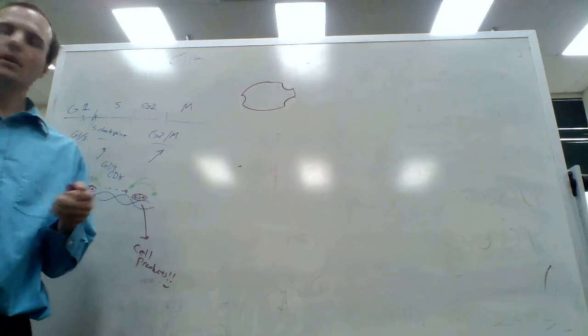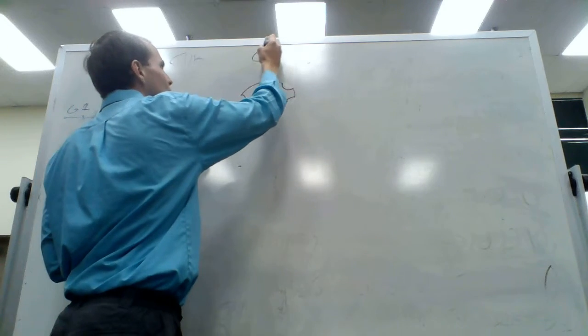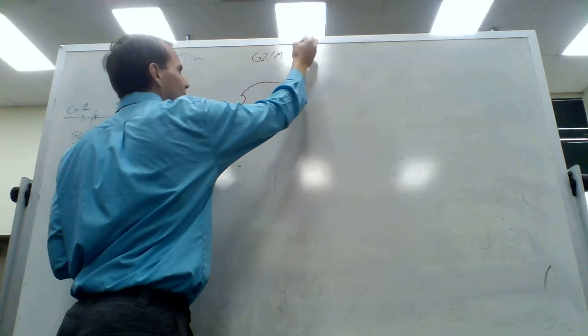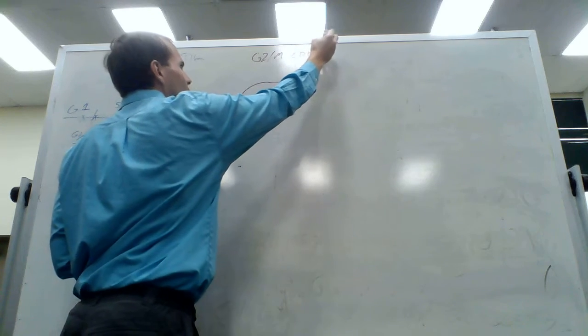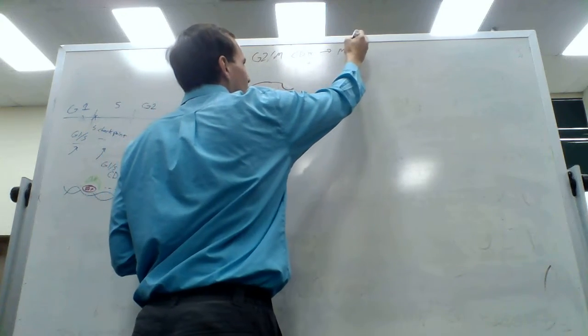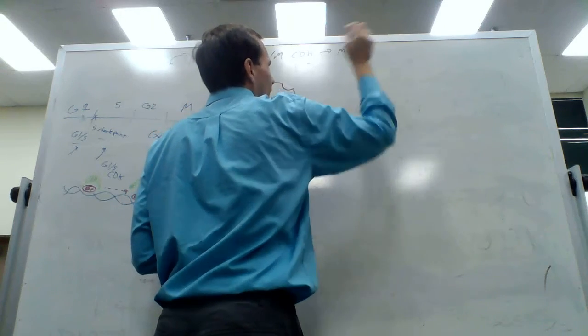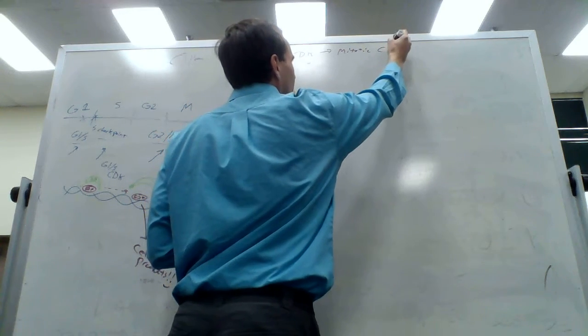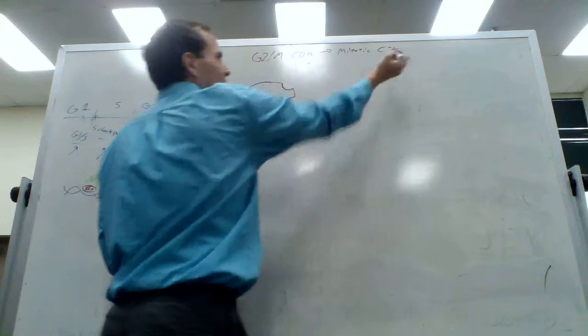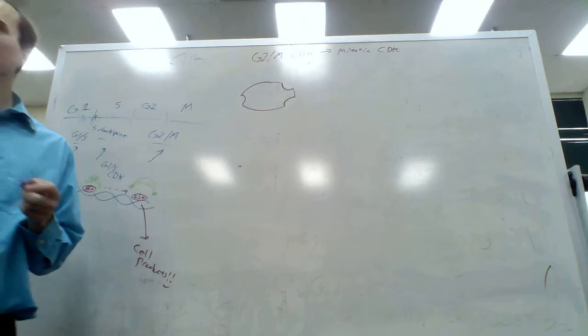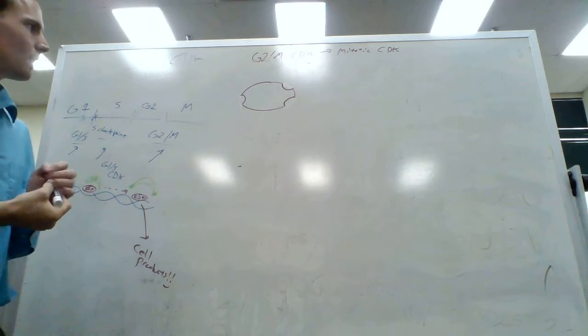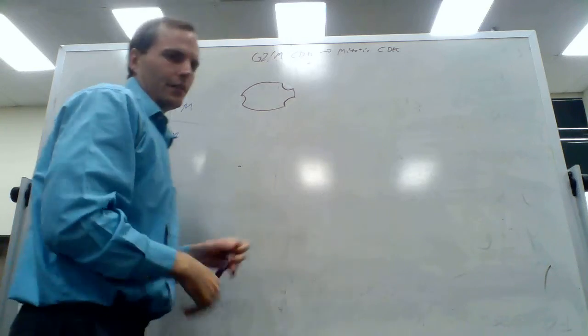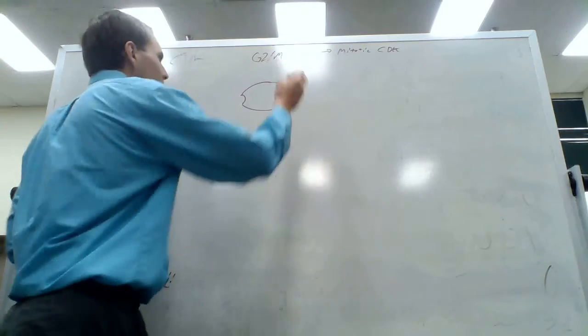What's the name of that molecule? G2M CDK. Also, it can be called the mitotic CDK, which I think is what you guys have in your slides. So mitotic cyclin-dependent kinase. Okay, so it has 3 spots.